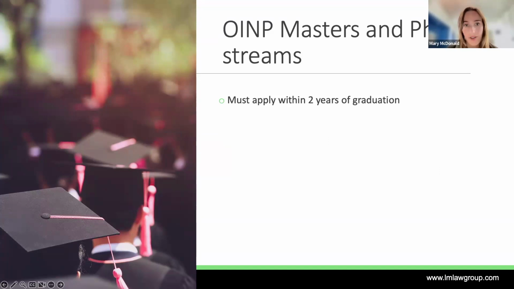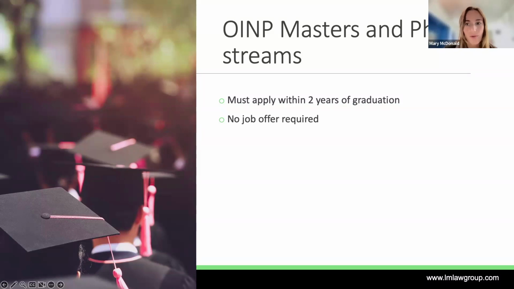You don't need a job offer under these streams, which can be great for new grads who don't have a job offer just yet, but you do need to be ready to enter the labor market. That means you're not planning on doing further studies. For example, if you're done your master's, you can't be planning on just going and doing your PhD.